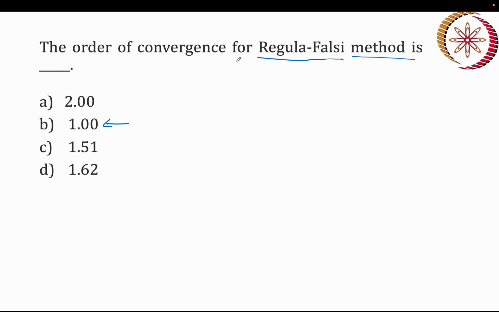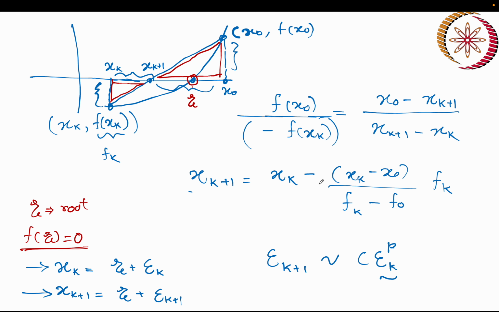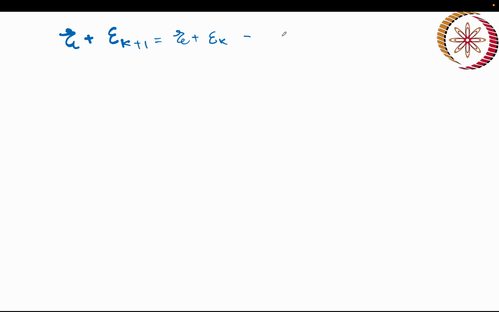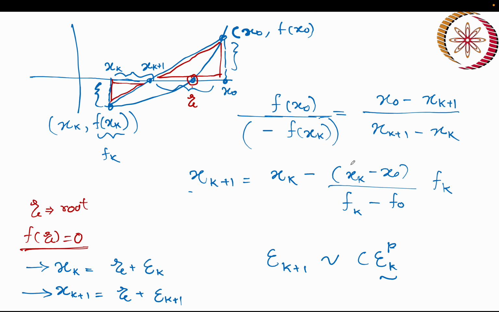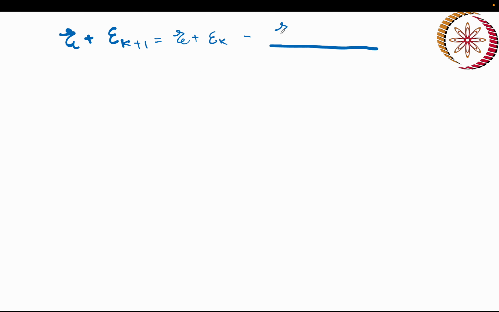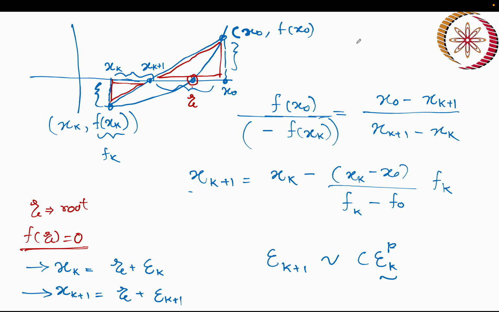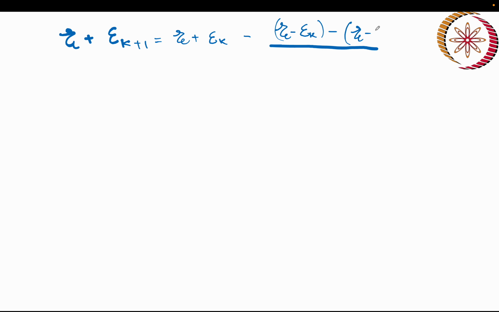So that will be xi plus epsilon k plus 1 is equal to xi plus epsilon k minus, so this will be xi minus epsilon k minus x0, which will be xi minus epsilon naught.